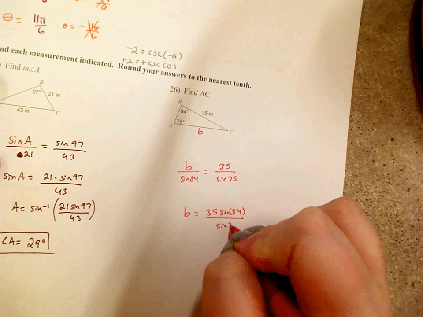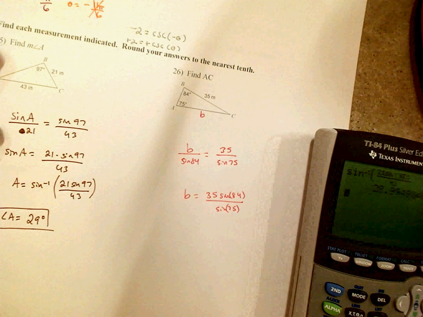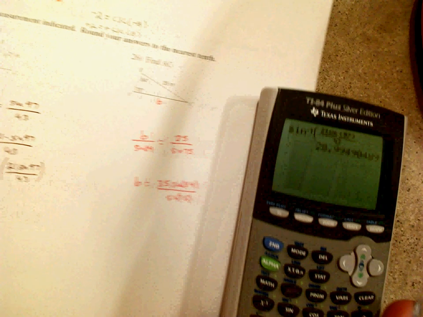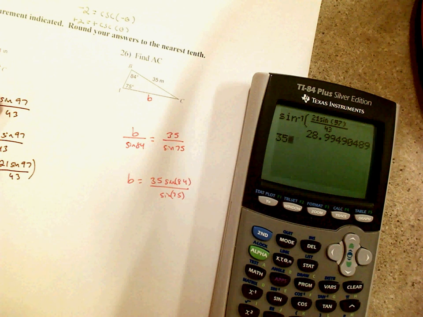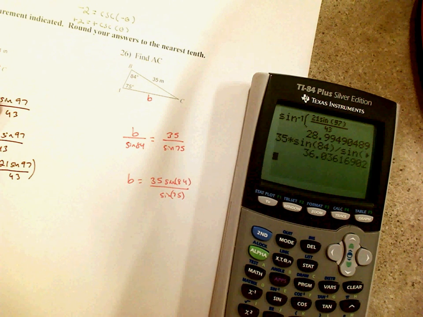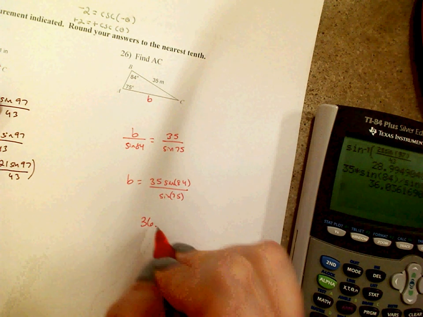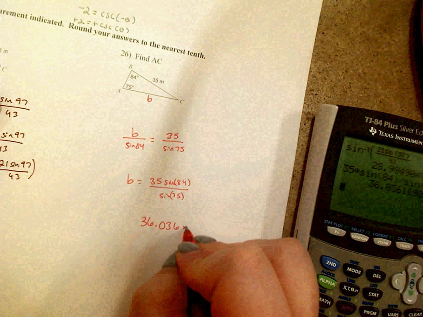In this case, we would have been okay without the fraction shortcut. You can say 35 times sine of 84 divided by, because you're just dividing by a single term, it's okay. So this is a side length, so I said 3 decimals, so 36.036 units, and I guess that would be meters if we kept it aligned with that.